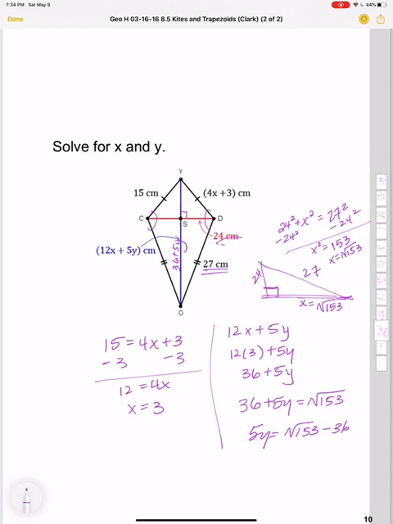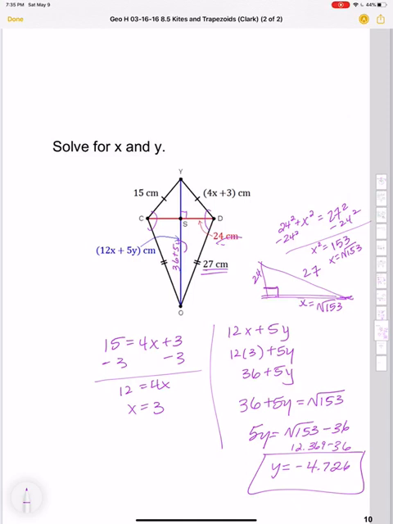So this is 12.369 minus 36, so it's going to be negative. And then divided by 5. So y is equal to negative 4.726. What a weird answer. I wonder why it was like that, but I'm sticking to it. I believe I did it right. If you think I did it wrong, you come tell me, because maybe I did. But I think I did it right.